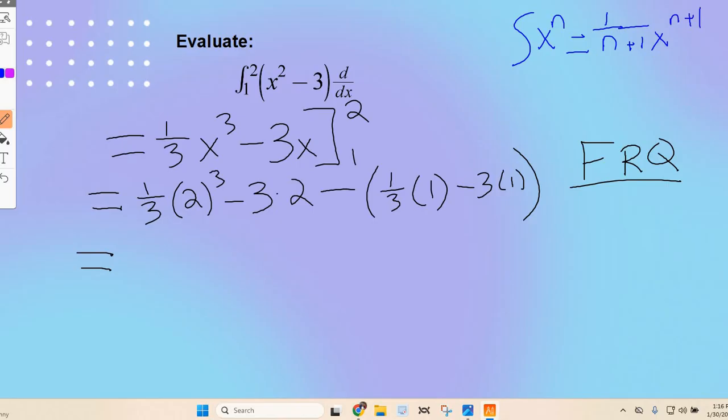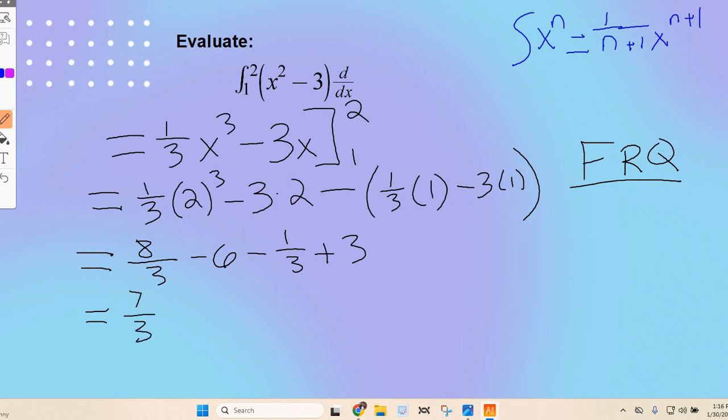So 2 cubed gives us 8. So I have 8/3 minus 6 minus 1/3 plus 3. So 8/3 minus 1/3 gives us 7/3.